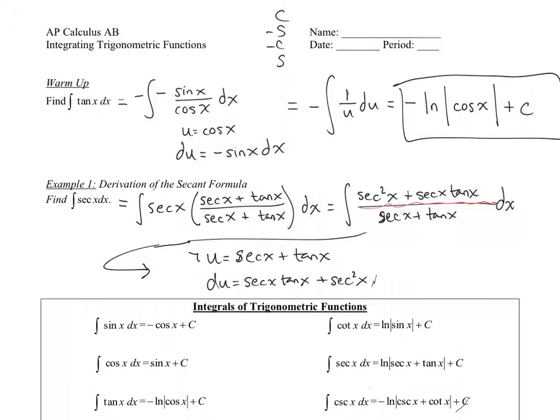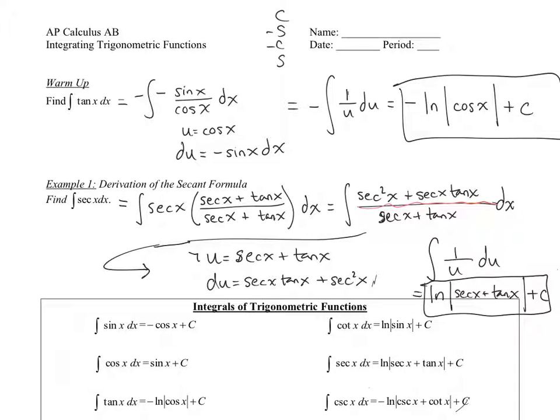So that means I have the integral of 1 over u du. Well, we certainly know that. So that gives me ln of the absolute value of u, being secant of x plus tangent of x, plus c. So this is my final answer.